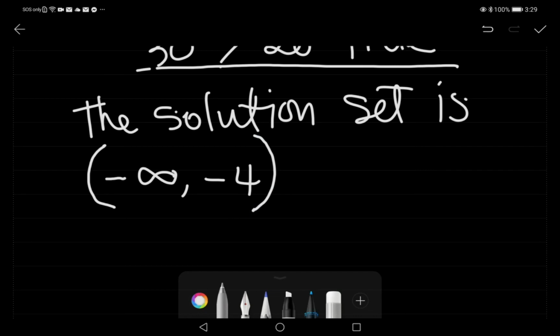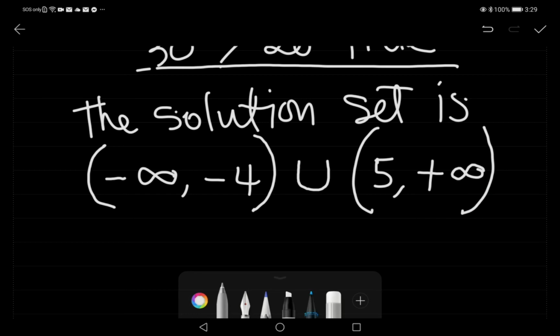Negative 4 and parenthesis, then union, parenthesis 5, and positive infinity. So mao na siya ang answer.